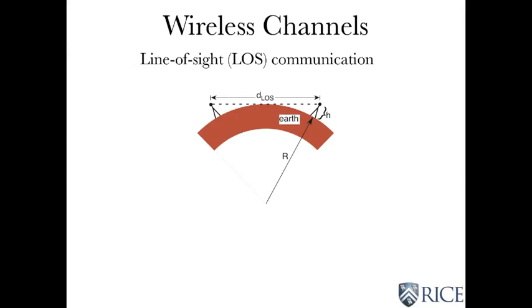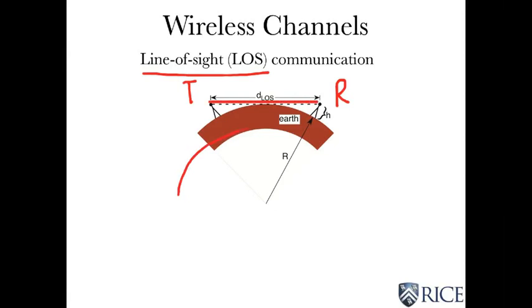Now, let's talk about that direct path a little bit more. Here we have what's called line of sight communication. That means that the transmitting antenna and the receiving antenna can, quote unquote, see each other. That's why it's called line of sight. There's a direct, straight line path connecting the two.